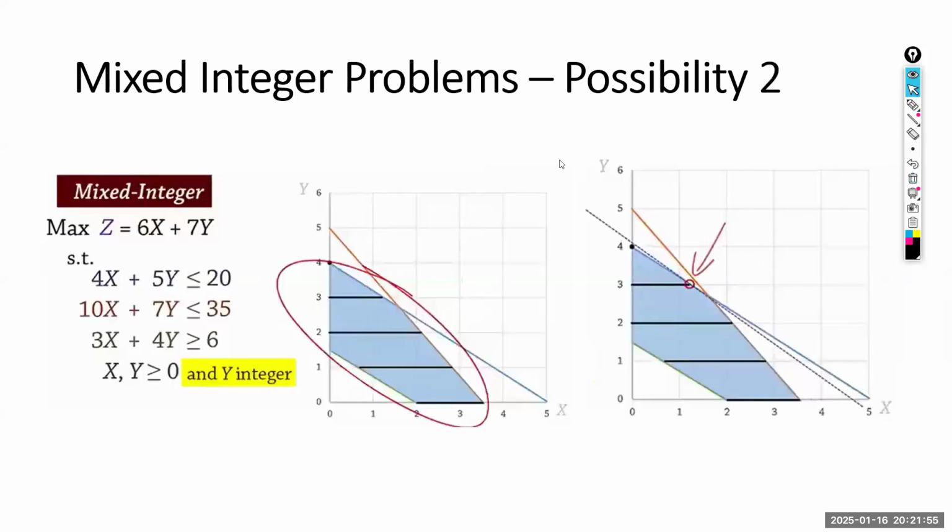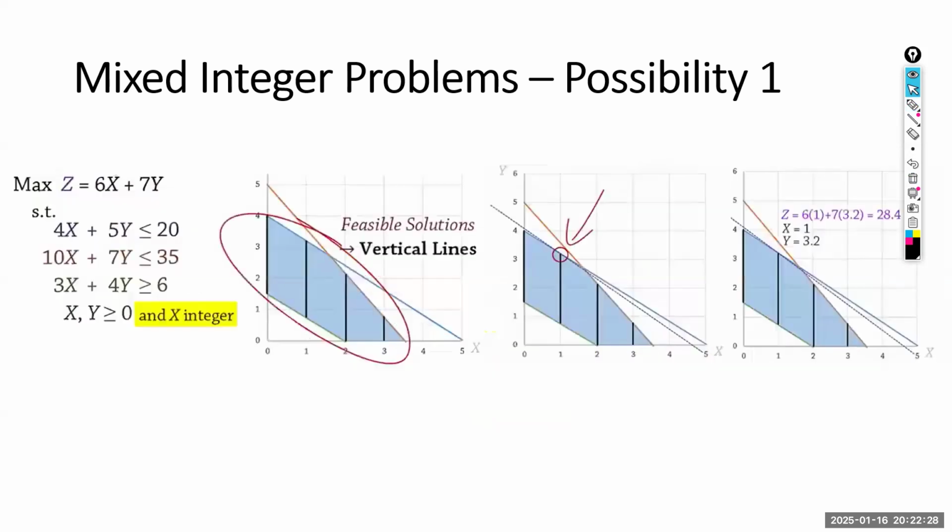It depends. Maybe one is raw material, and maybe the other is something else which is integer, discrete. But we will only be concentrating on the situation where both are integers, not mixed. This is just for your information. What is meant by a mixed integer linear problem?